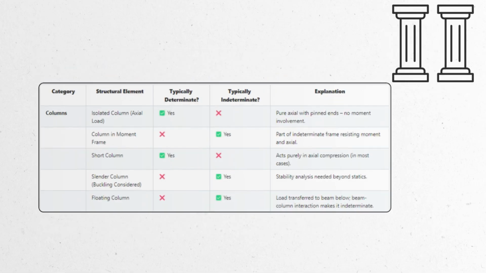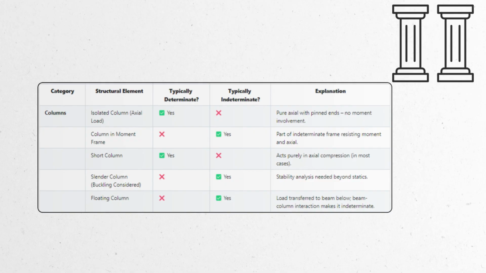This introduces additional restraints and additional unknown forces. As a result, most building columns are statically indeterminate. This indeterminacy allows moment redistribution and load sharing between members.